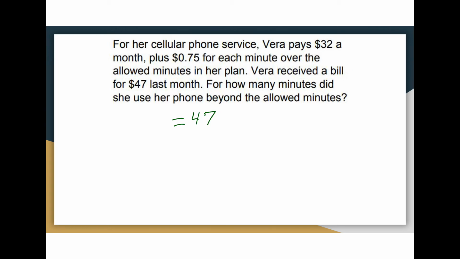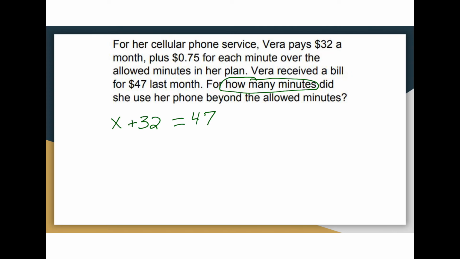I know that she pays a one-time fee of $32, which means we're just going to add on that $32 fee. And then I also know for each minute she goes over, it's going to be 75 cents. This question is how many minutes, so I know my minutes has to be the x value.